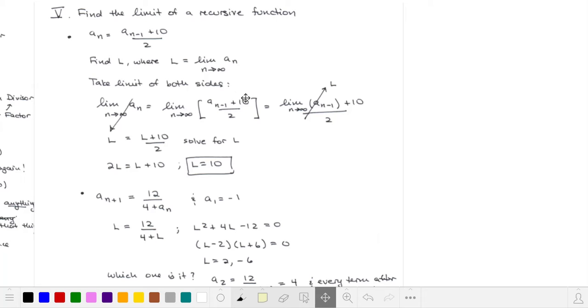The limit of all of these constant terms stays the way they are, but the limit of a sub n minus 1 becomes this, which, hopefully you'll agree, is L, right? It's the same limit. So we have L equals L plus 10 over 2, which is just an algebra problem. You can solve that for L, and you get that the limit is equal to 10. I think that's pretty cool, right? It's not obvious from the nth term equation that this limit is 10.